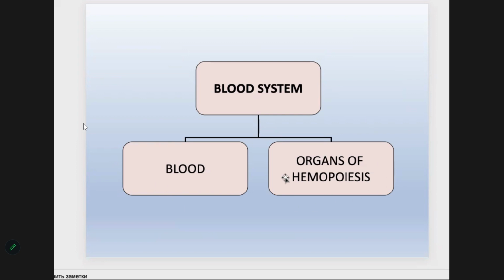About the organs of hemopoiesis, such as bone marrow, lymph node, spleen, and thymus, we'll speak next semester. But now we are speaking about the structure of the blood.